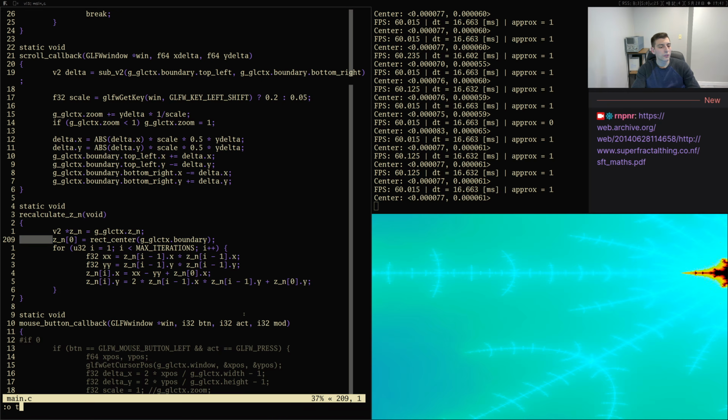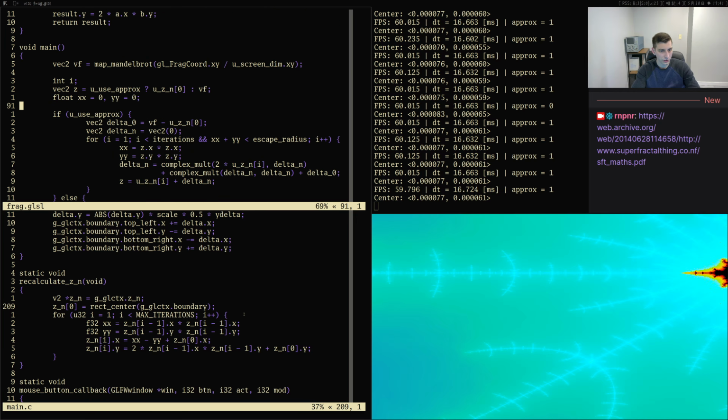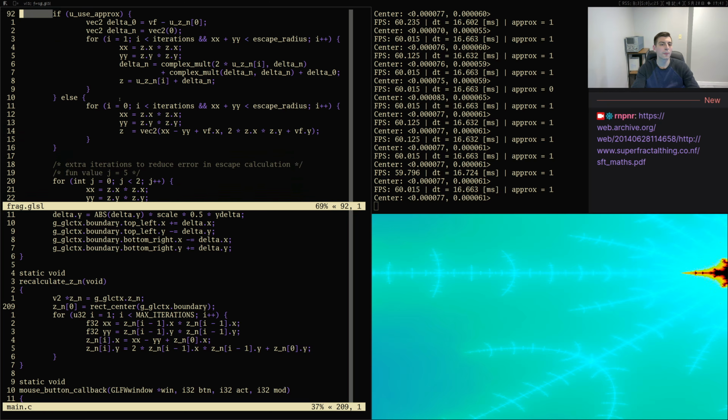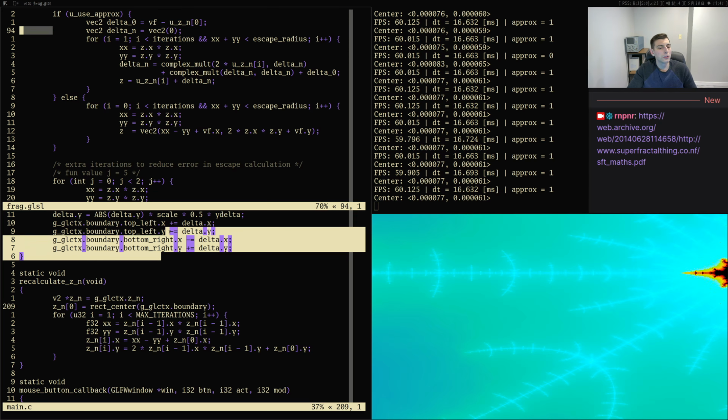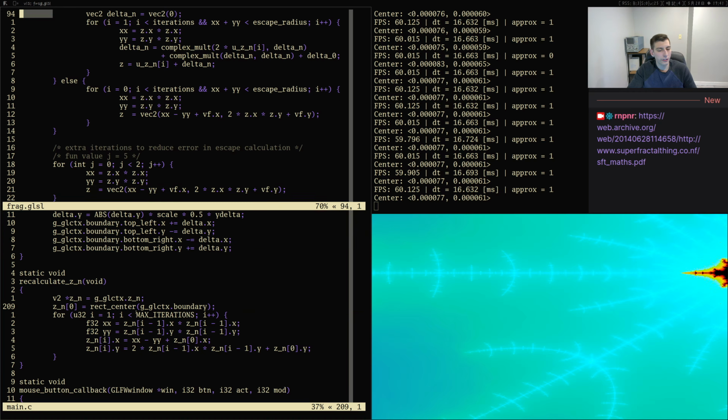Right, I should have left it open because I need to see the equation. So let me see here. Not there.